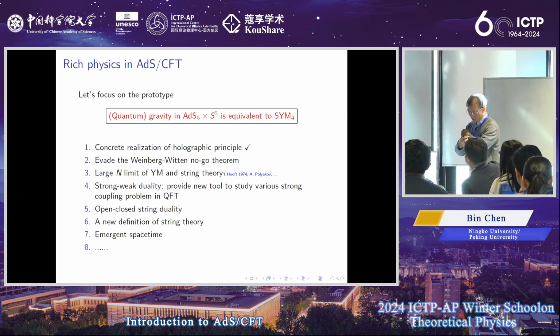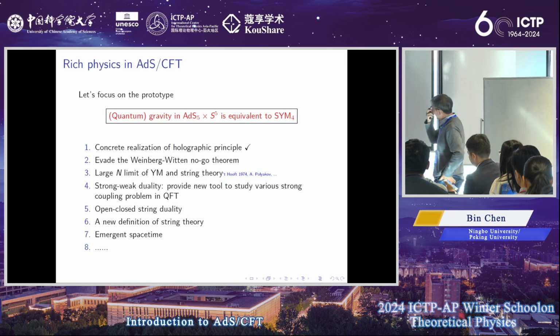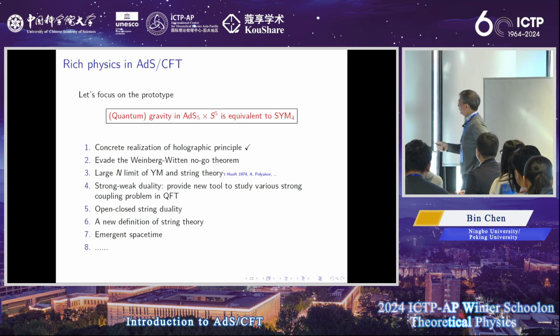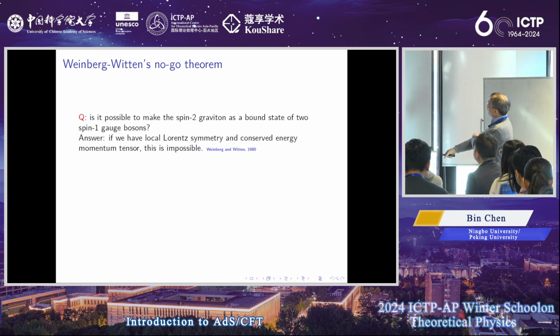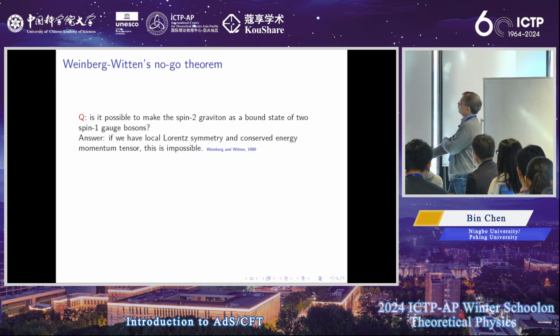I have 1 minute. Maybe I explain these two points. What is the Weinberg-Witten no-go theorem? It's a very strong no-go theorem.